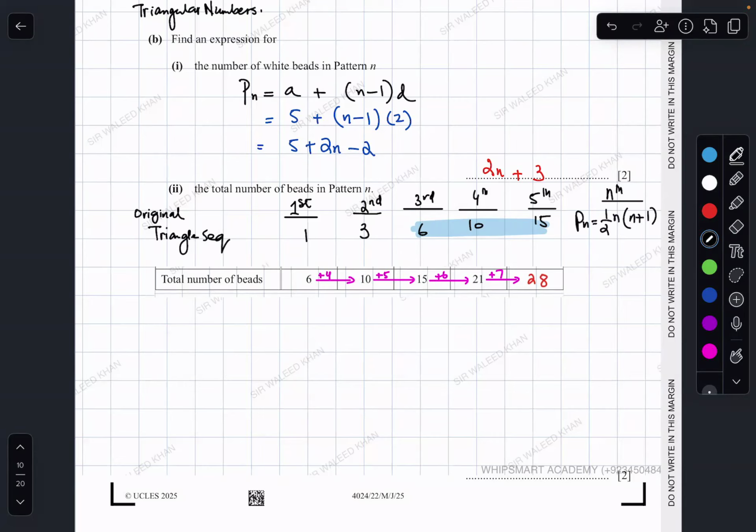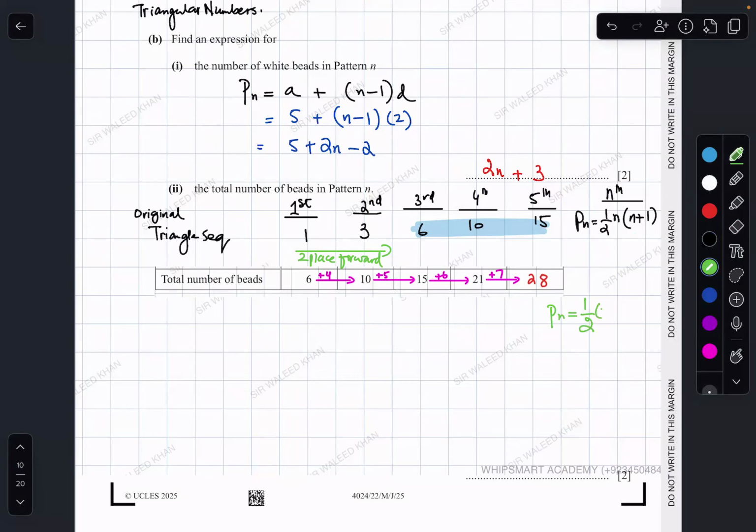Now you can see that we are starting by leaving 2 places. We left 2 places and started with the third one. So that means I am moving 2 places forward. Whenever you are moving some places forward, just add it to the n. So the pattern number for this will be 1 by 2.